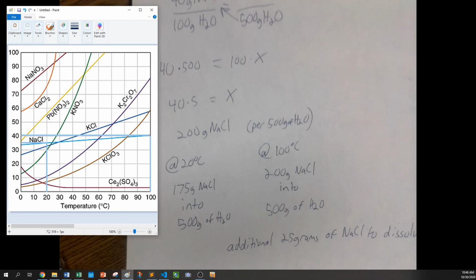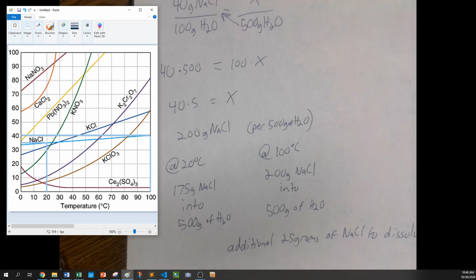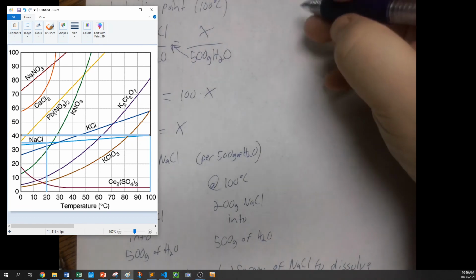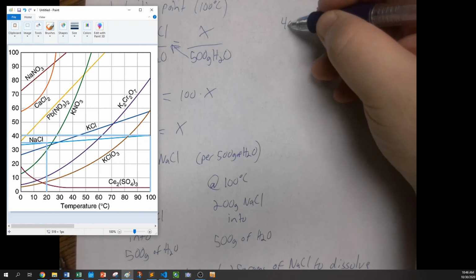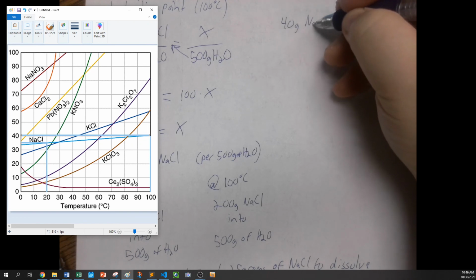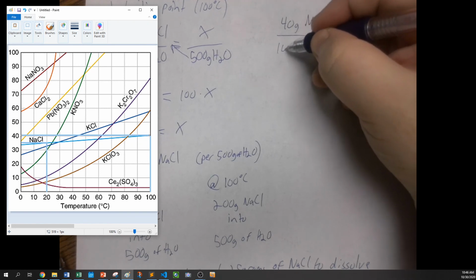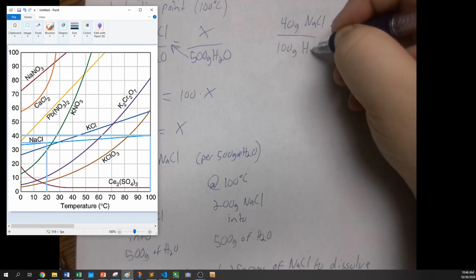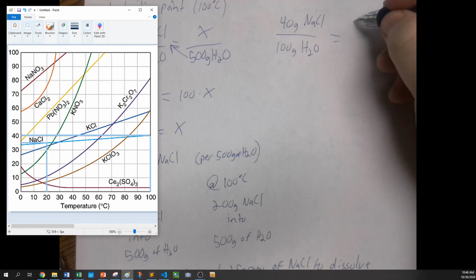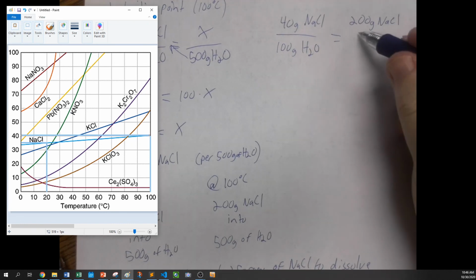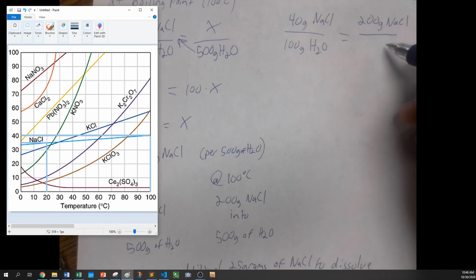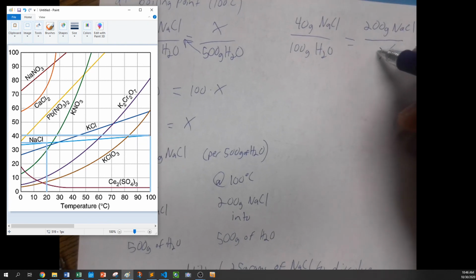We could also do a similar problem. If I asked you instead, how much water? So at 100 degrees Celsius at boiling point, we know that at most 40 grams can dissolve into 100 grams of water. If I asked you instead, how much water you need to dissolve 200 grams of sodium chloride, we just move our x to where the water is.